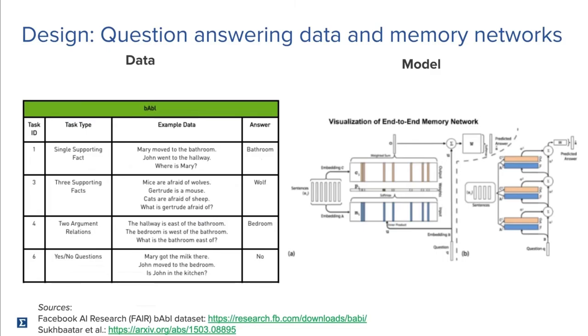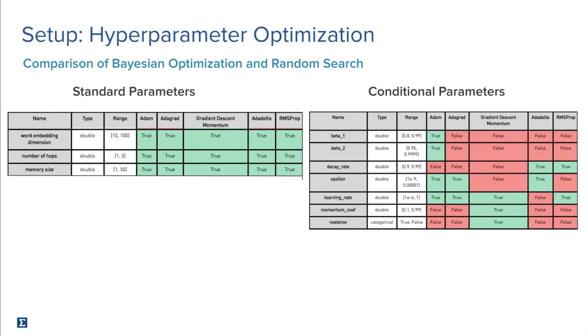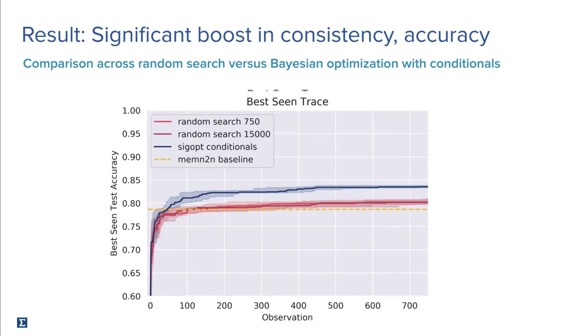I won't go into too much detail here, but in the post it talks about taking a classic question and answer natural language processing problem, tuning various hyperparameters, architecture parameters, etc., and then showing that you can get significantly better results than not only the tuned baseline from, in this case, the Facebook AI research paper, but also significantly better results than exhaustive or semi-exhaustive random tuning.